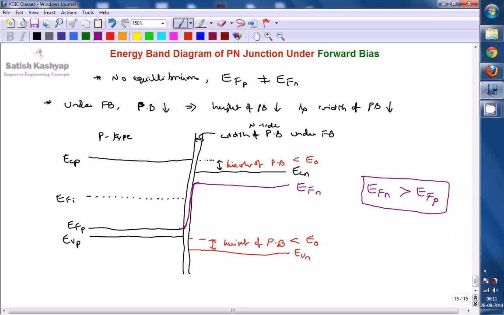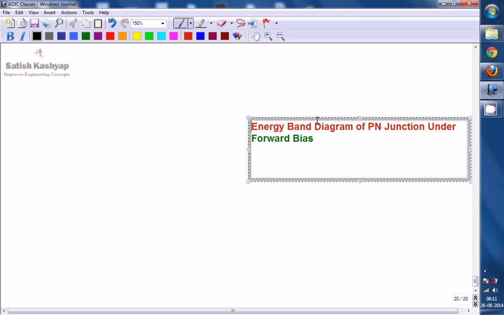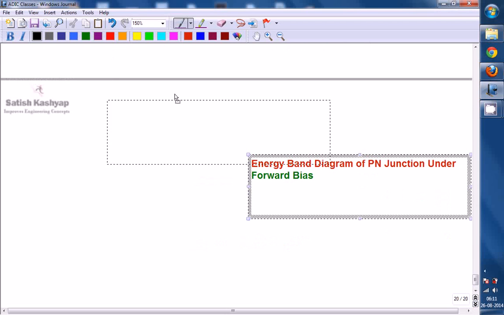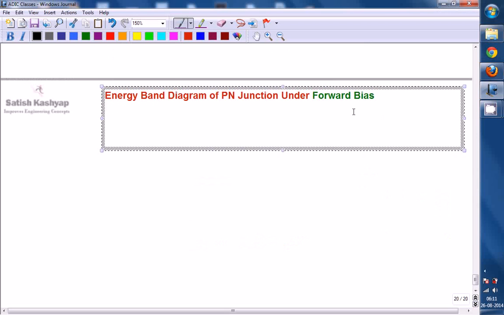Now we will see how to draw the energy band diagram under reverse bias. Energy band diagram under reverse bias we will write.